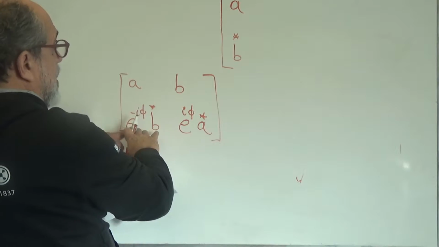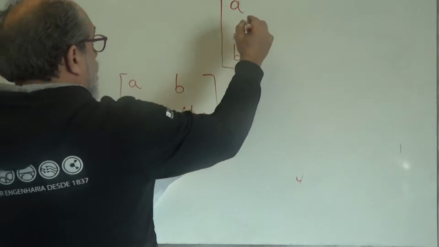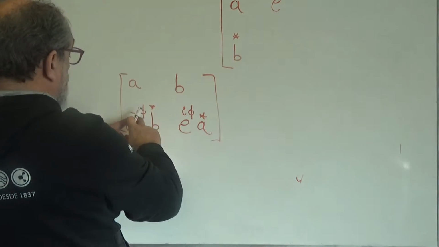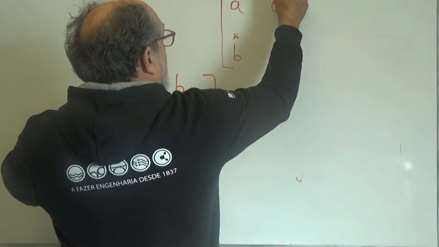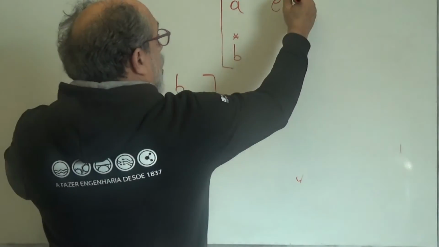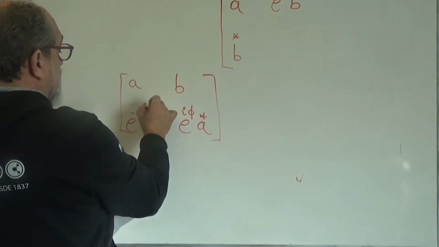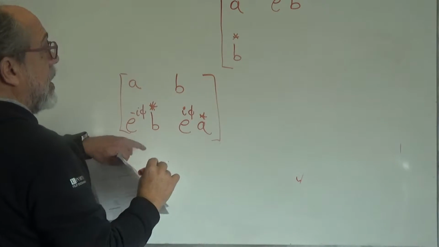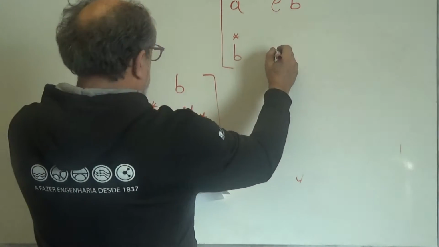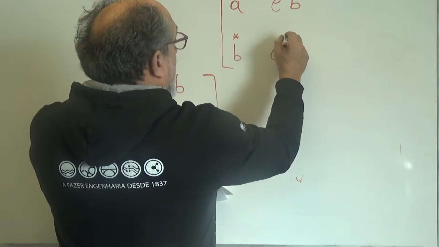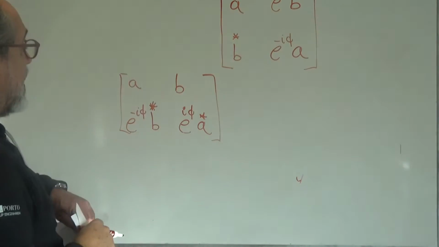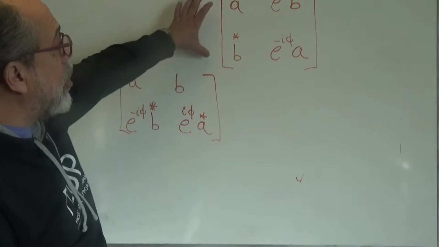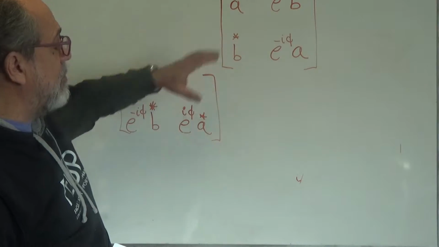So here is its Hermitian, and then this second row becomes the column, and in order to conjugate, I have to take this to the i phi, and then this B conjugate becomes B. The asterisk means conjugation, and this becomes e to the minus i phi times A, right? So this is the matrix, and this is its conjugate transpose, or its Hermitian version.